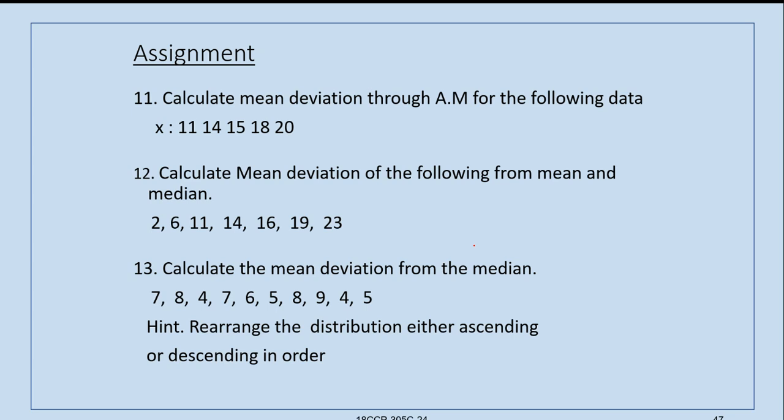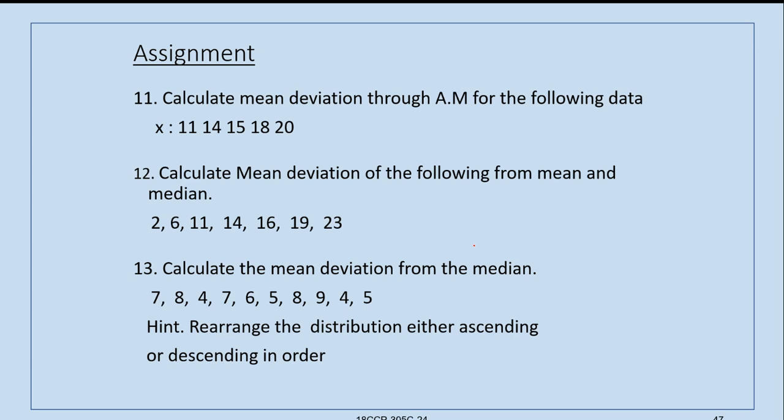Please remember the demerits of range and coefficient of range. Only the highest and lowest values are taken, and all the other values are ignored. Hence range is not mostly used, but it is widely used in stock exchanges and other areas where we compare values with range.